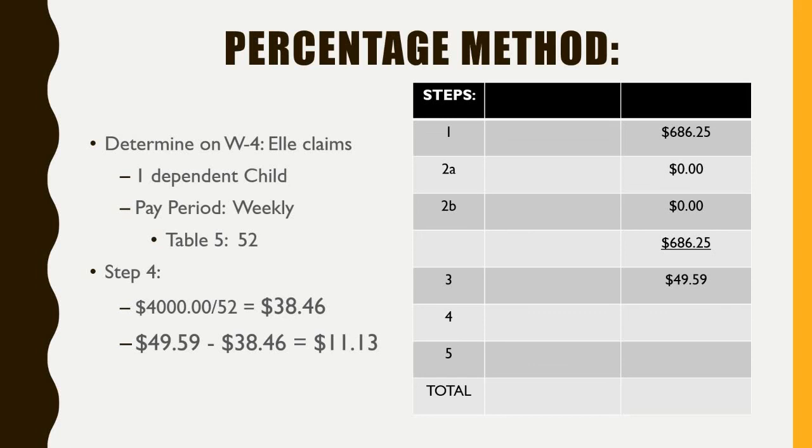They took extra money from their taxes because they claimed their child. So in this case, they only need to pay in $11.13 because that's how much they want to take off. Okay.